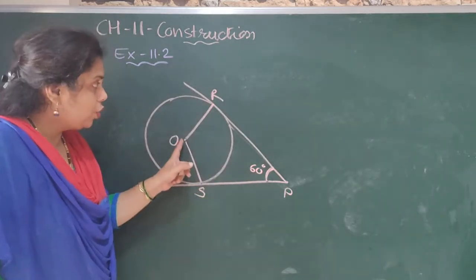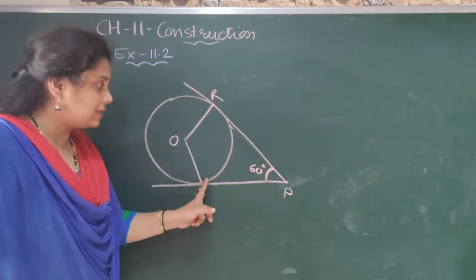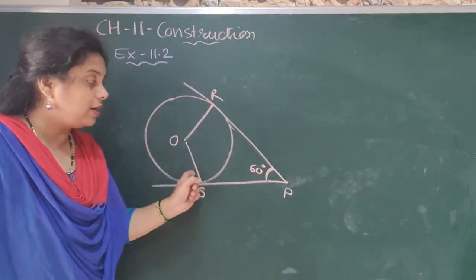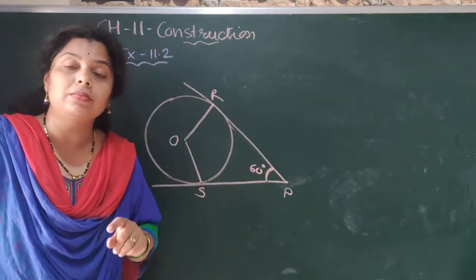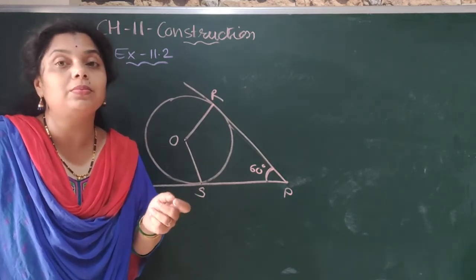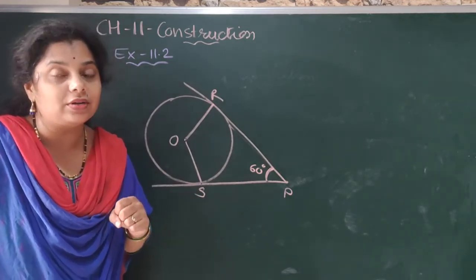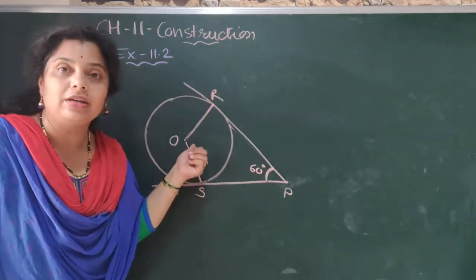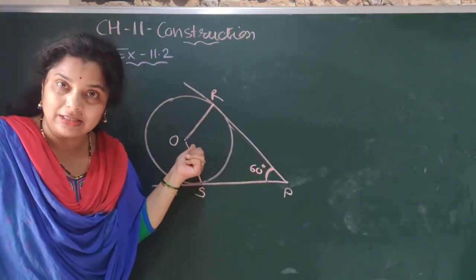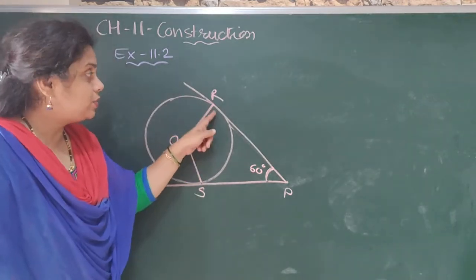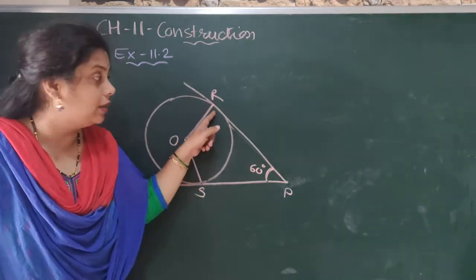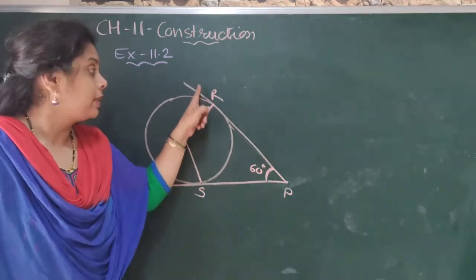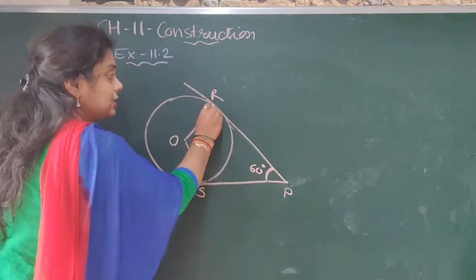As you see, ORPS is a quadrilateral. Then what is the angle sum property of a quadrilateral? The sum of all the angles of a quadrilateral is 360, isn't it? Now, as I told you earlier, the angle between the radius of the circle and the tangent is 90 degrees.